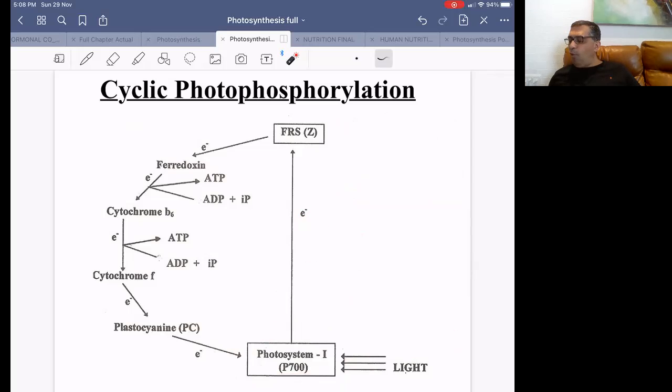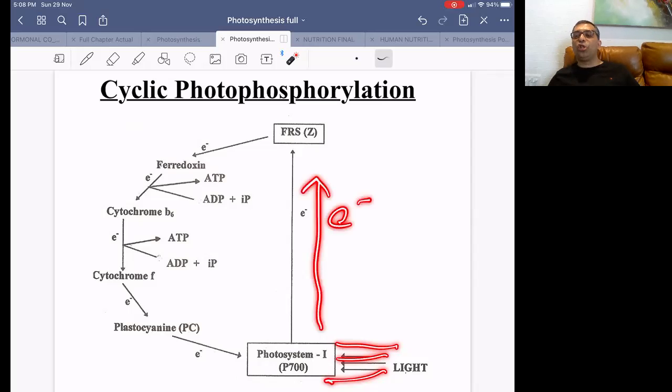When light falls on photosystem 1 at 700 nanometer wavelength, electron is shot out with energy. This electron is accepted by Z, which is called ferredoxin reducing substance.